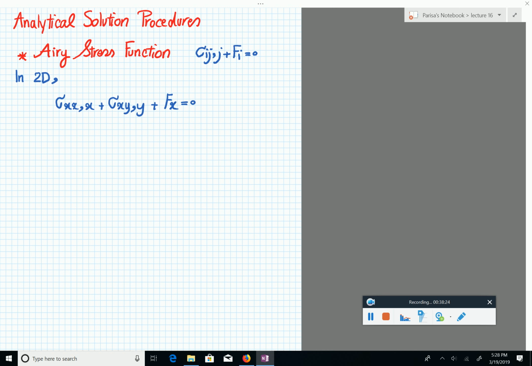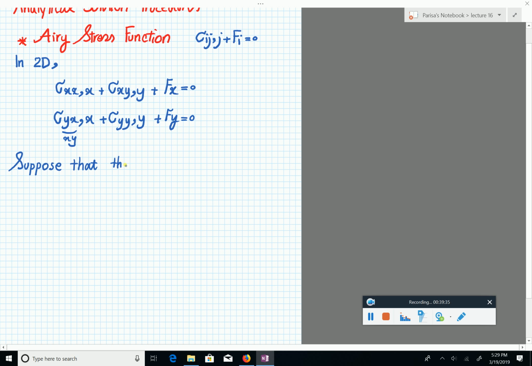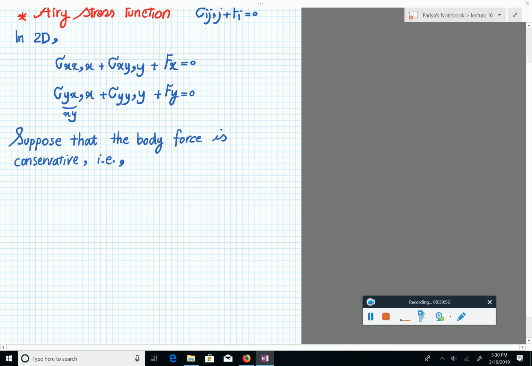This is something that I guess everyone has seen. So suppose that the body force is conservative. All the things you said are correct. And what we want to use here is the fact that it is equal to the gradient of a potential function we call V.